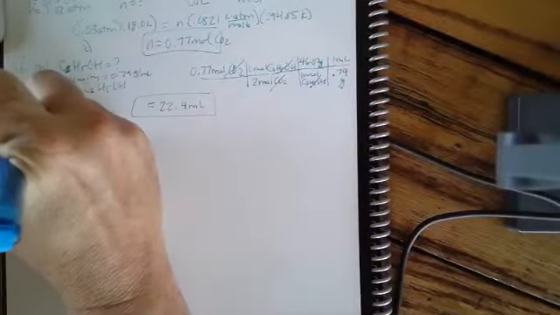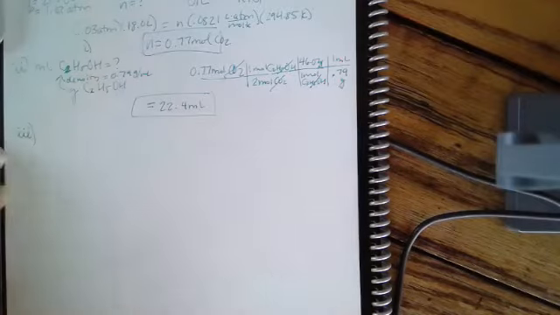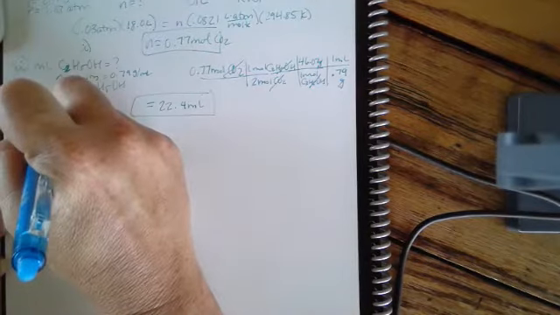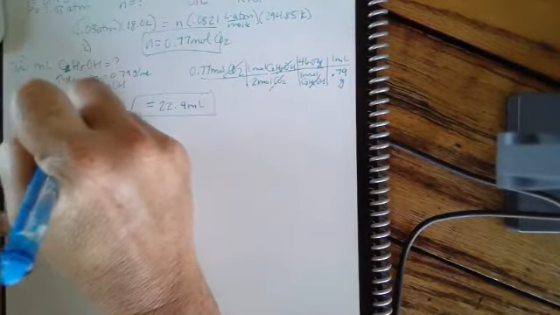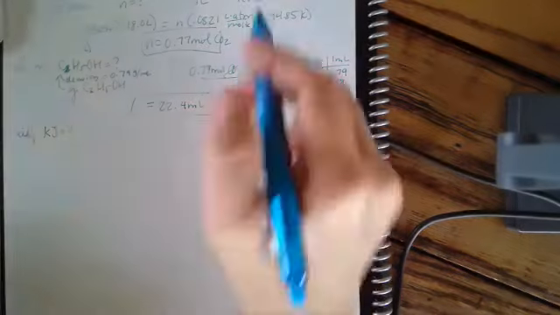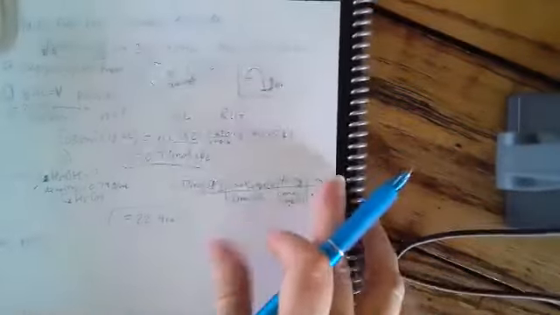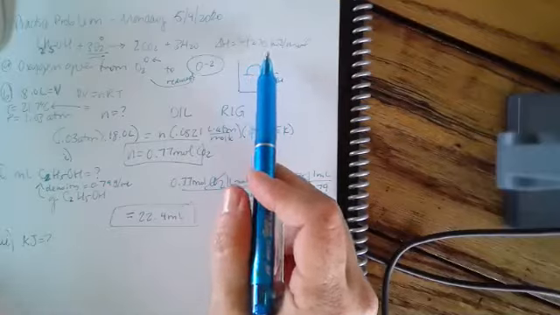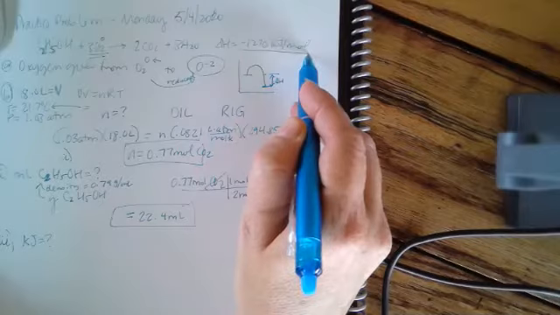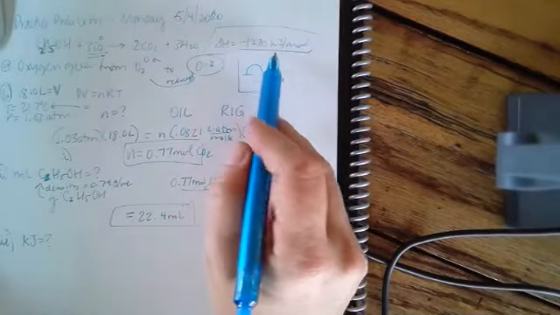All right, so let's look at the next part. It says how much heat in kilojoules was released. So kilojoules equals question mark. How could I know such a thing? I've got to go all the way back to my given equation, where they tell us that the delta H is negative 1270 kilojoules per mole.